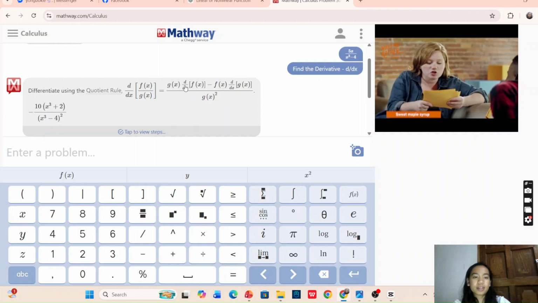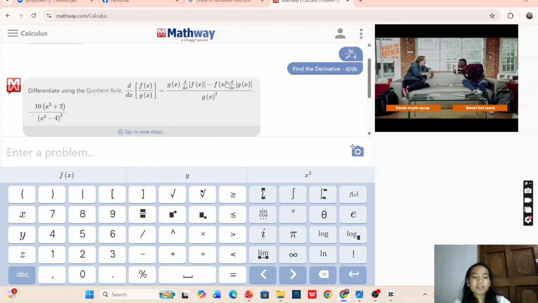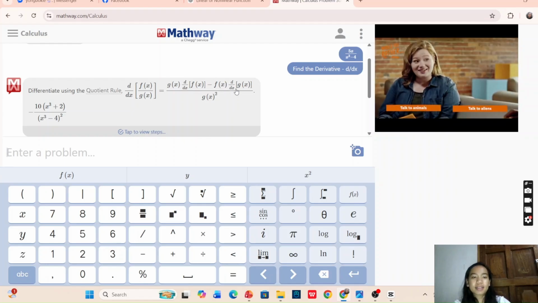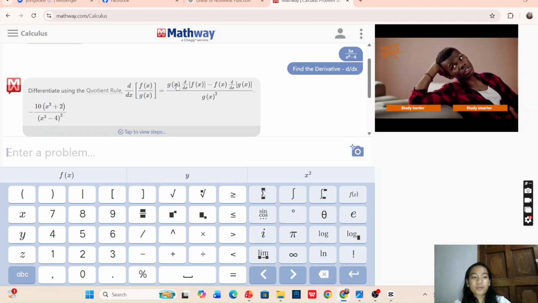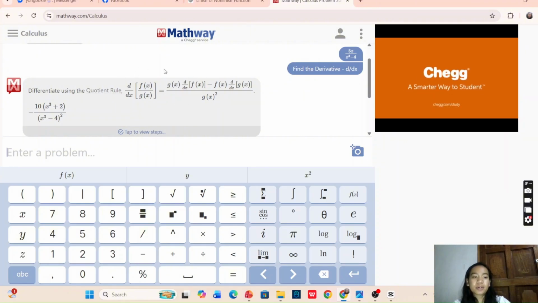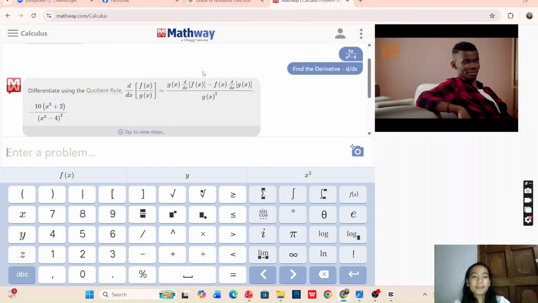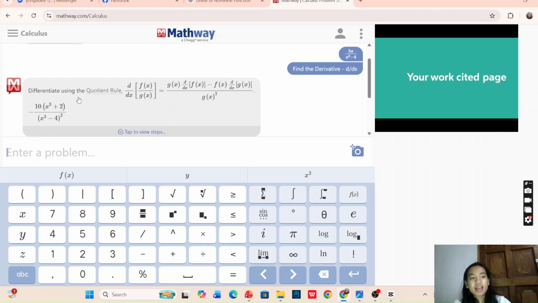x to the third minus 4, minus f of x, which is 5x, times the derivative of g of x, which is 2x squared. So multiplying them together for the numerator and applying subtraction here, that results to negative 10 times the quantity of x cubed plus 2, all over x cubed minus 4 squared.